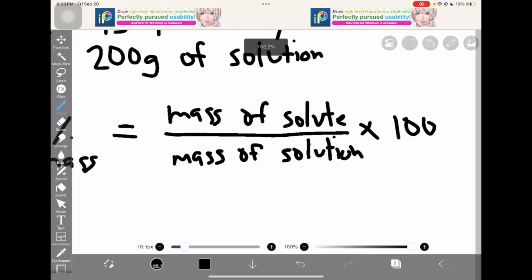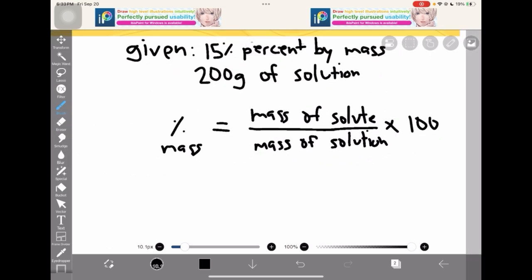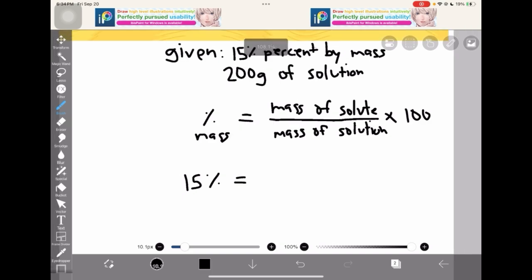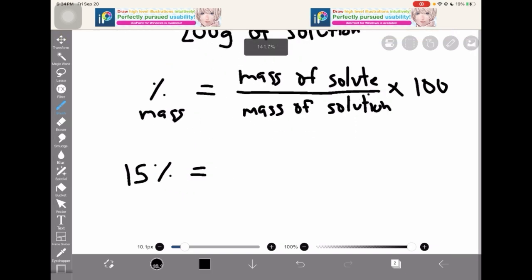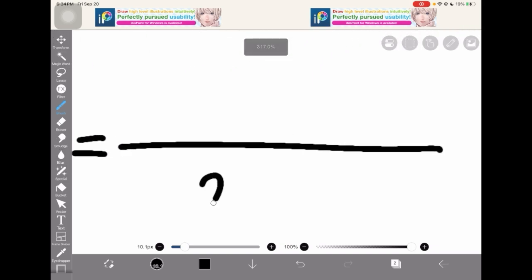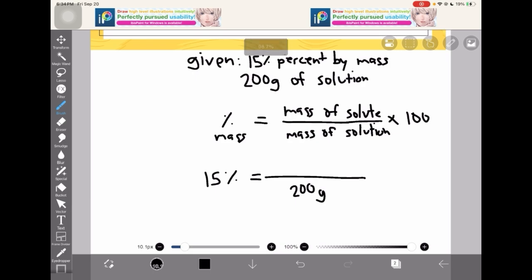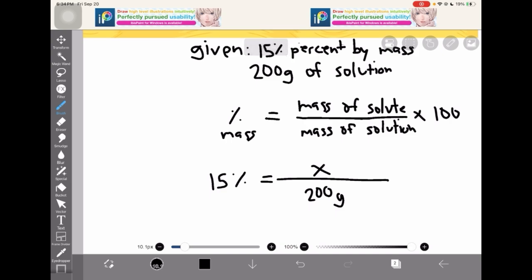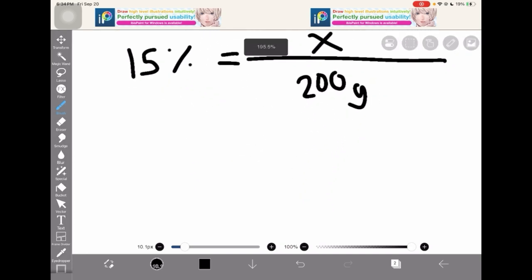So this time when we visualize it, do we have the percent by mass? Yes, we have 15% by mass. Do we have the mass of solution? Yes, we do. That's 200 grams. But what do we do now? We're missing x, which is our mass of solute. Once again, we're going to need to cross multiply.